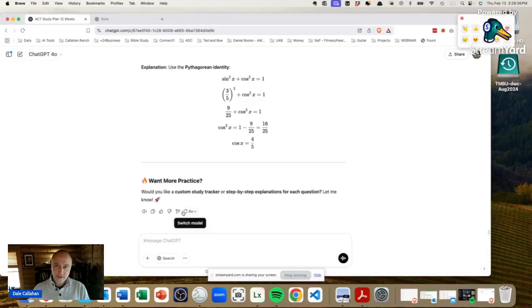So the secret to this tool, as I hope you can tell, is just give it the information, give it context, tell it what you want, but feed it with enough information that it will begin to know. If you came back to this later and said something like, I'm trying to help my son study, and we need this, it will likely come back to you and say, since we know your son has ADHD, it's going to remember that.